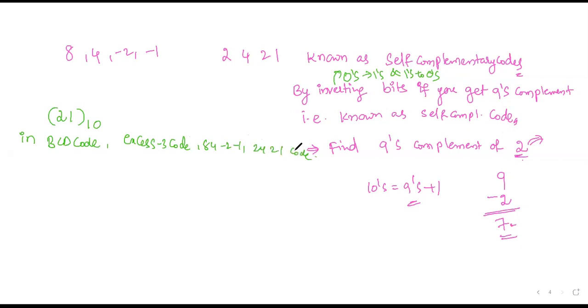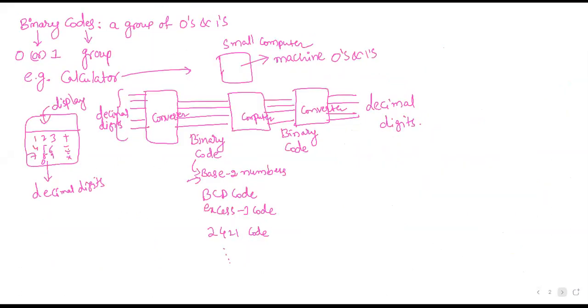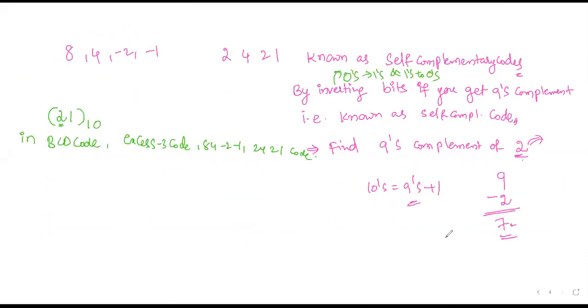Here each decimal digit we have to represent with 4 bits. In BCD, 2 is represented with 0010, 1 is represented with 0001. So write down here 0010 0001. This is the 21 representation in BCD.